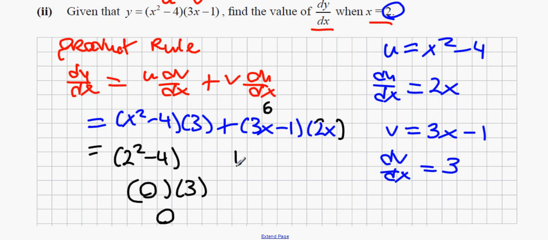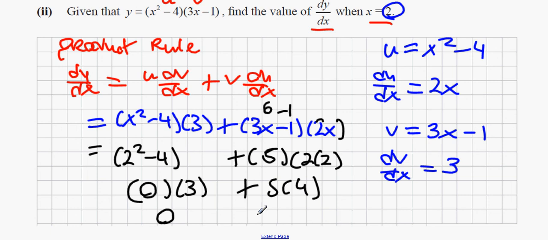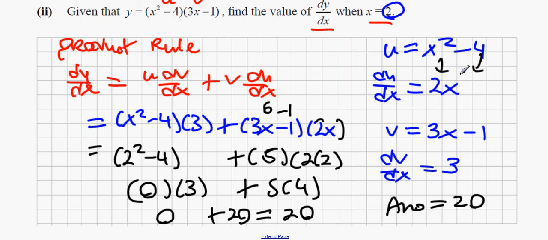And then 3 times 2 minus 1 is going to be 5. 2 times 2 is going to be 4. It's going to be plus 5 times 4. And the answer is going to be 0 plus 20 equals 20. So the answer is in fact 20. Okay, just be sure not to make easy errors differentiating at the start, okay?